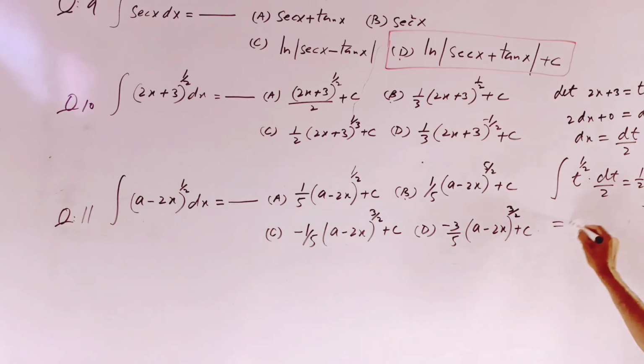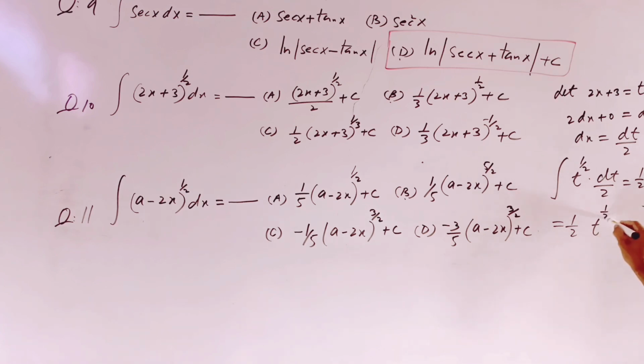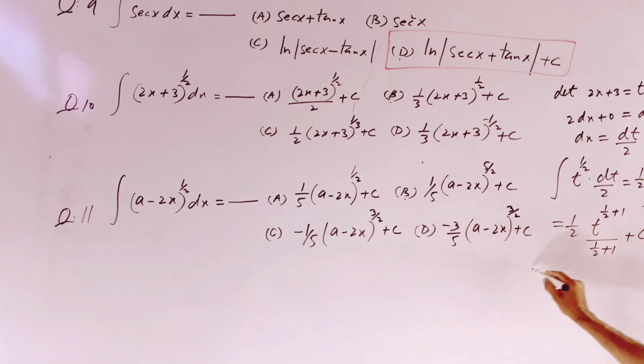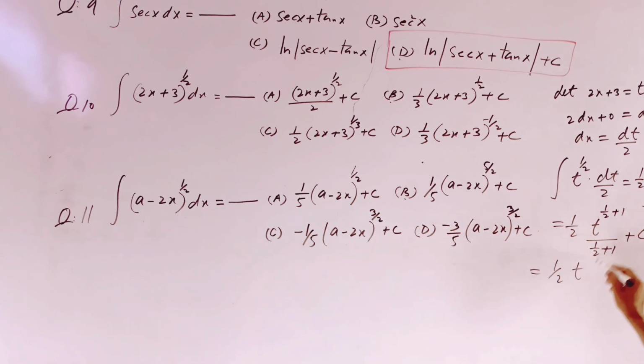According to the power rule we add 1 to the exponent: 1 by 2 plus 1, plus c. Taking the LCM we get 3 divided by 2, so 1 by 2 times 2 divided by 3 t to the power 3 divided by 2 plus c.